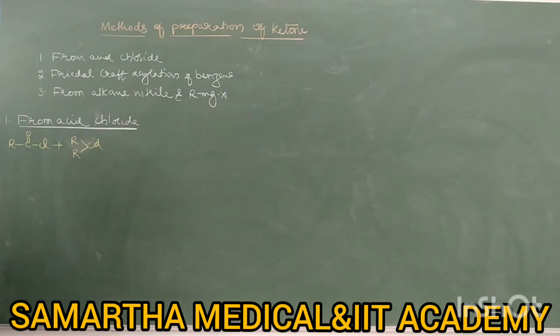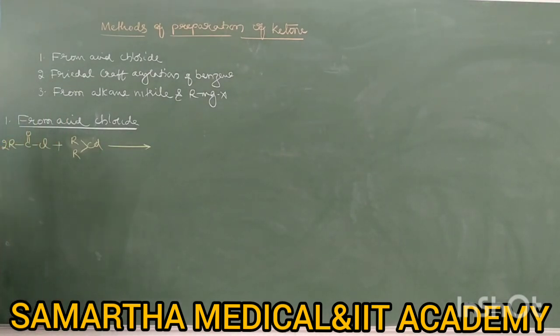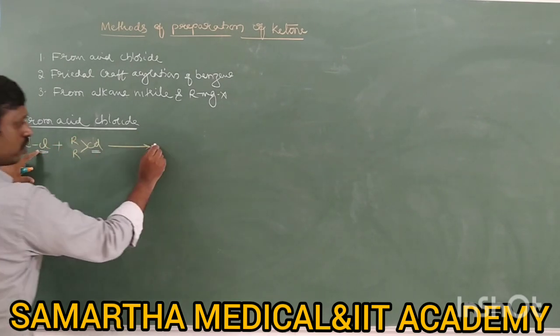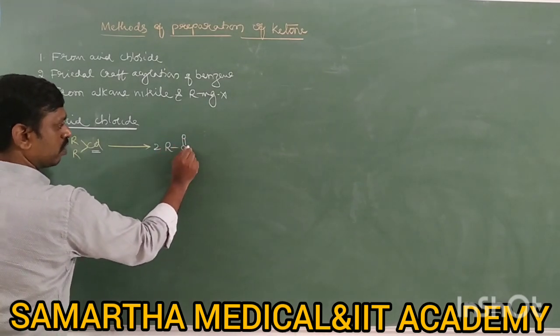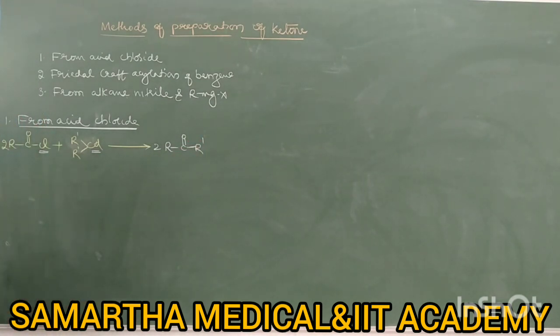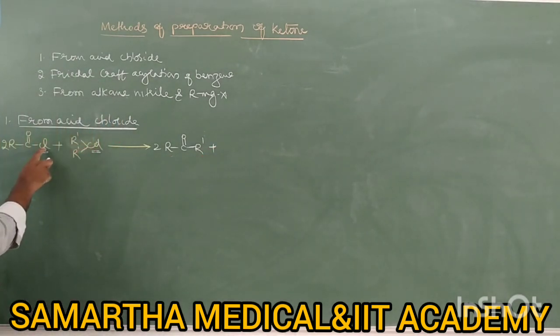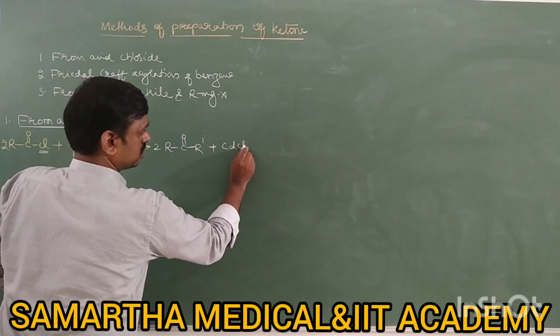Now take 2 moles of acid chloride: 2 chlorines and 1 cadmium. So these 2 chlorines are replaced by 2 alkyl groups. Therefore the product is RCOR, or R dash if different. That means the acid chloride reacts with dialkyl cadmium to form the corresponding ketone, plus CdCl2 as the byproduct.